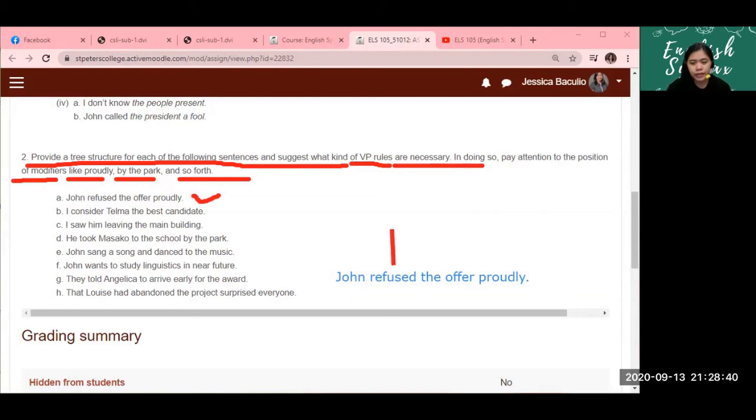This is the verb phrase, the bigger one. Okay, so we have this one, and this is the verb. This is another determiner, and what's this one? Determiner and a noun. And this one is an adverb.